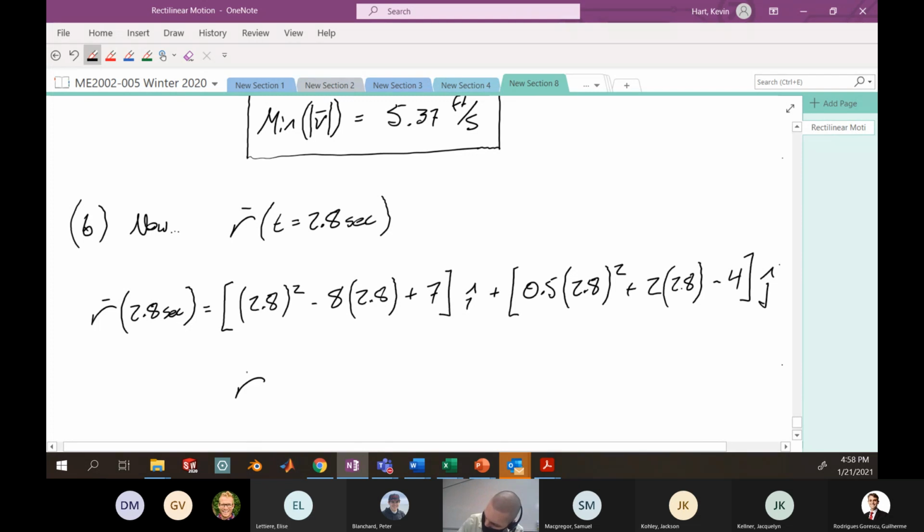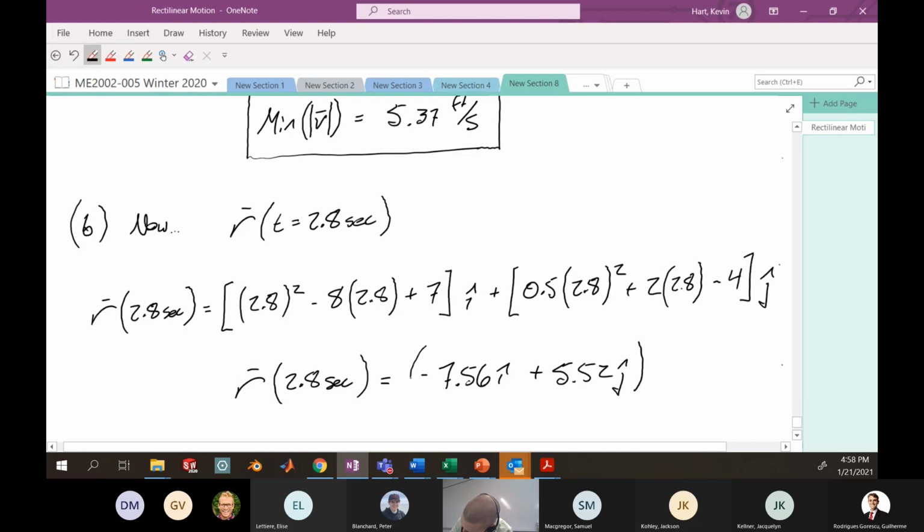So the position of the particle at the time when it has the lowest velocity or the least speed is the position at time 2.8 seconds, which is negative 7.56 i plus 5.52 j. Feet.